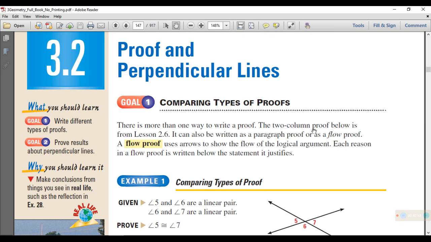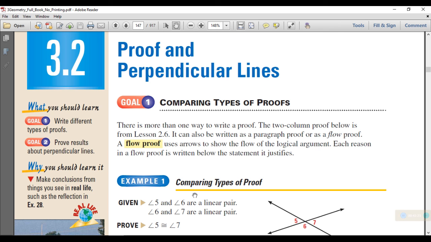Ano pa lang, algebraic proof pa lang, ginagamit na natin si two-column proof. And then, on the previous lesson, natutunan natin kung paano gumamit ng paragraph proof. Now, we are going to show what a flow proof looks like. So, it uses arrows to show the flow of the logical argument. Each reason in a flow proof is written below the statement it justifies.